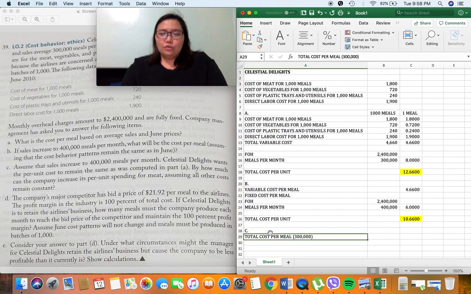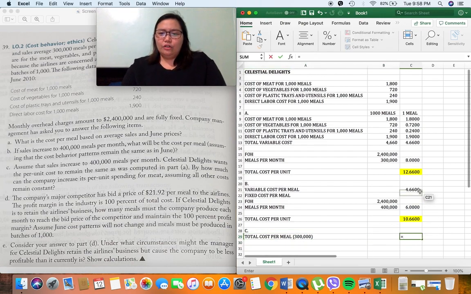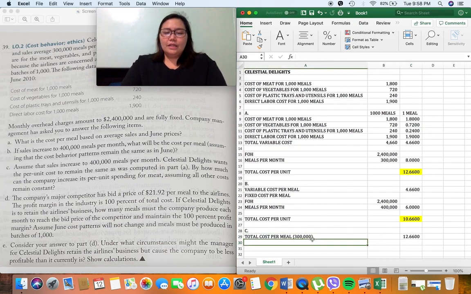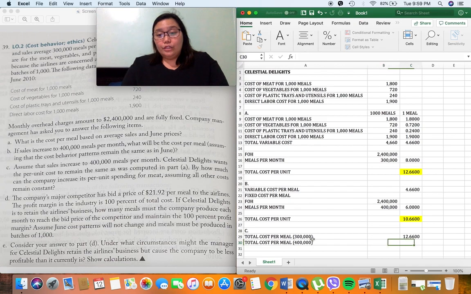And then we subtract the total cost per meal based on 400,000 meals sold, which is 10.6. We get the difference, which I think is 2 pesos.